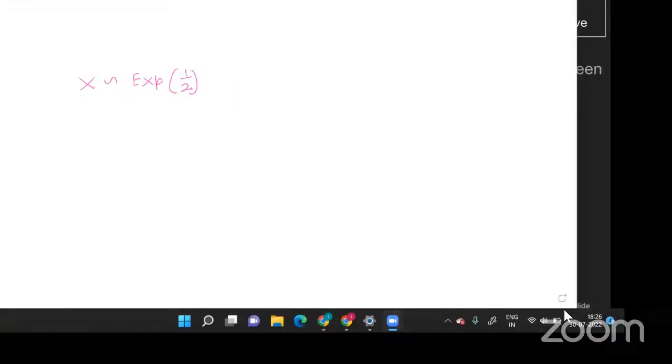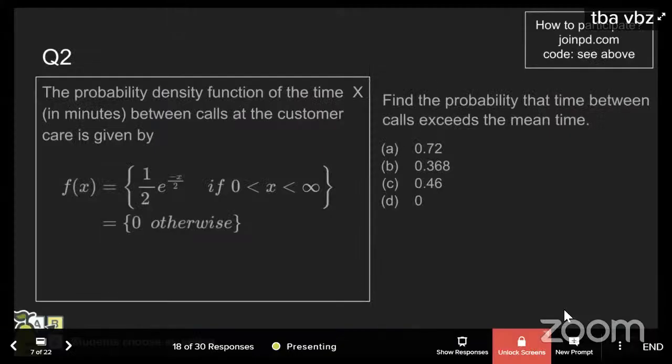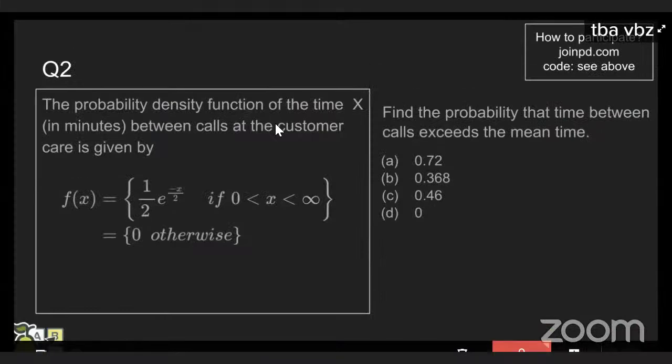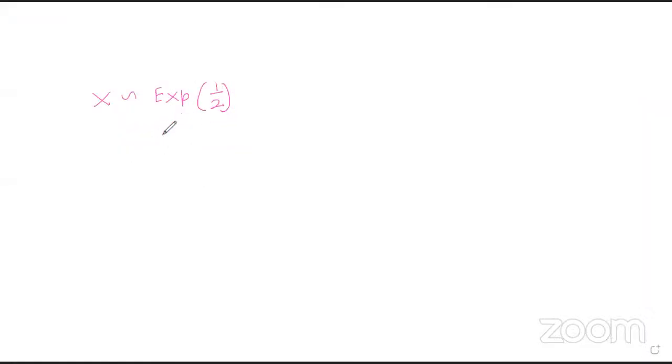We need to find the probability that the time between calls exceeds the mean time. So what is the mean time for this distribution? It is 1 by lambda, which is 2 minutes. So we need to find the probability that X is greater than 2, that the random variable exceeds the mean time, which is 2.